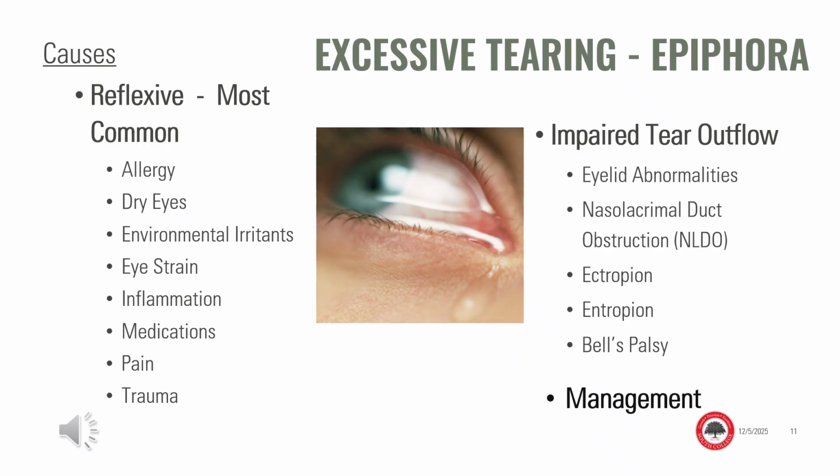For management, treatment of excessive tearing involves targeting an underlying cause. So there's no medication just for tearing. You have to treat the underlying cause. So treatment of tearing secondary to trauma or infection includes maybe topical antibiotics. Steroid eye drops and anesthetic drops should not be used in these cases because they may disrupt healing and increase the risk of infection.